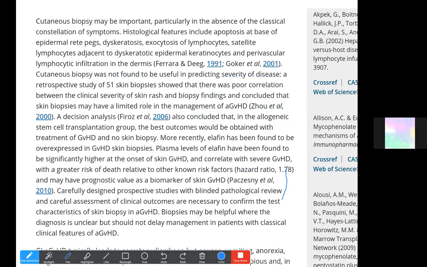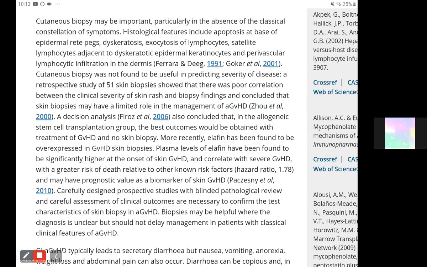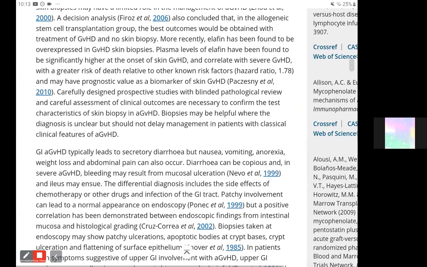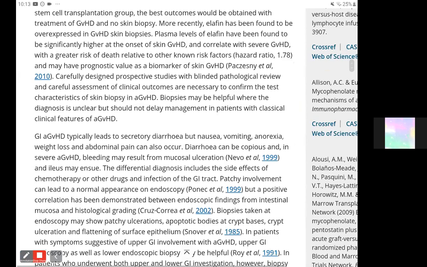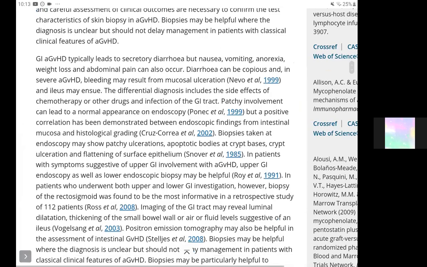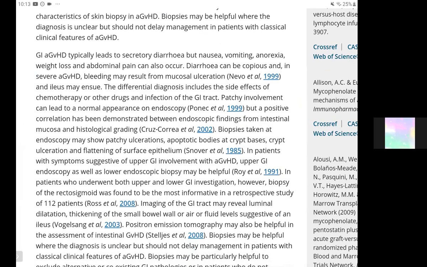Elafin is a skin-derived anti-leukoprotease, an inhibitor of elastase, which occurs not only in the skin but also in the lungs. So it is present in the epithelial lining that forms the barrier.